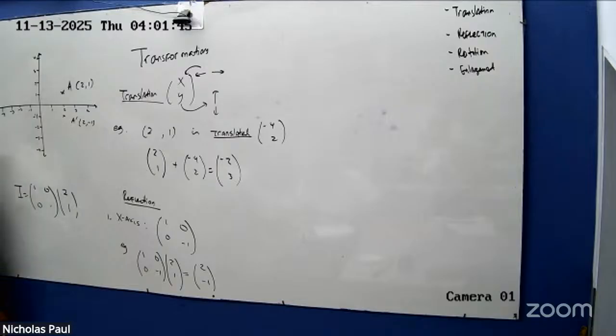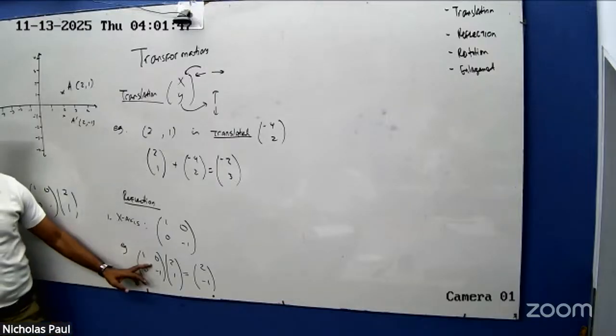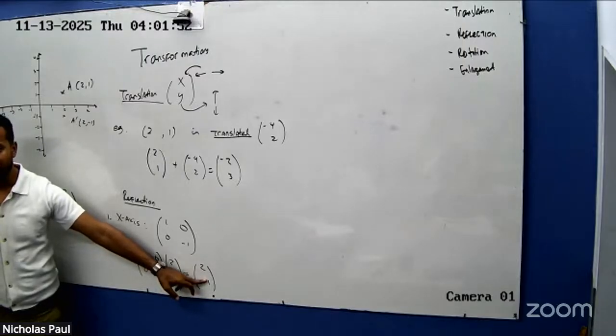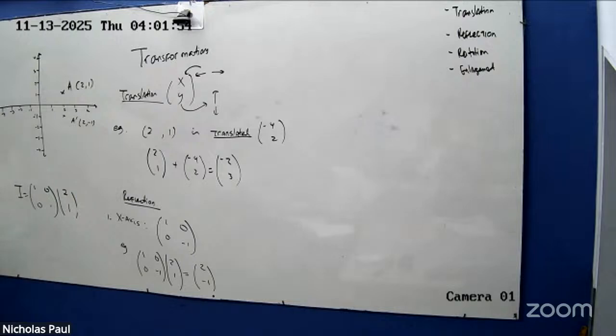All right, so that's a rule. Every single time you multiply these two, you're going to get the image. That's okay. And note that number two.